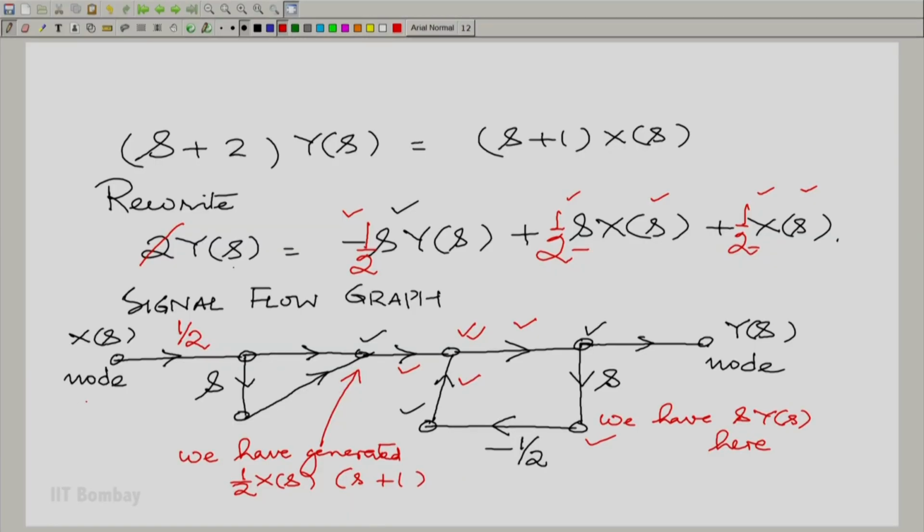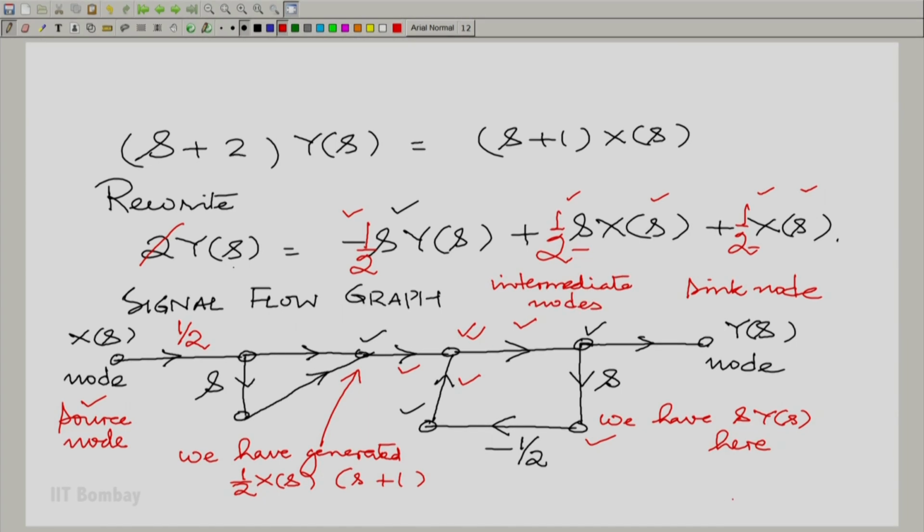So, if you look at it, some nodes have only outgoing edges. These are called source nodes. And some nodes have only incoming edges. They are called sink nodes. And all other nodes have both outgoing and incoming edges. So, they are called intermediate nodes.